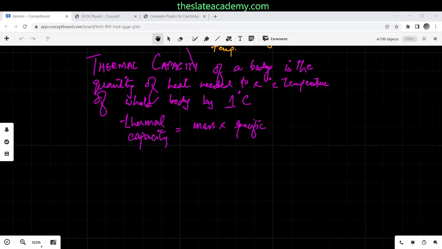Quantity of heat needed to raise temperature of whole body by 1 degree centigrade. And thermal capacity is equal to mass times specific heat capacity.